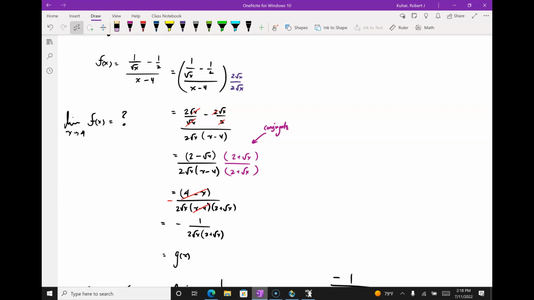And now, how do I know I need a conjugate? What am I seeing? Radical, square root. When I see that, I need a conjugate. And the conjugate means change the sign. So 2 plus rad x over itself. With me? Hello? Question?